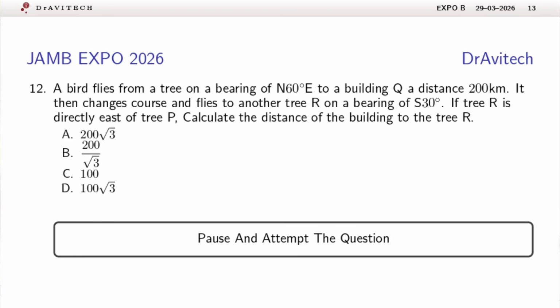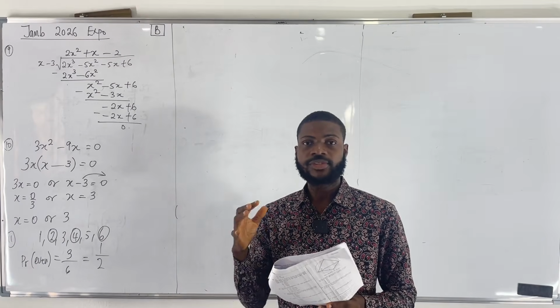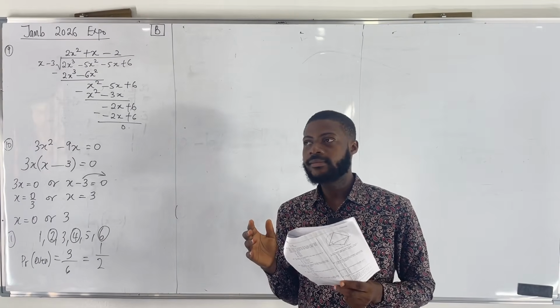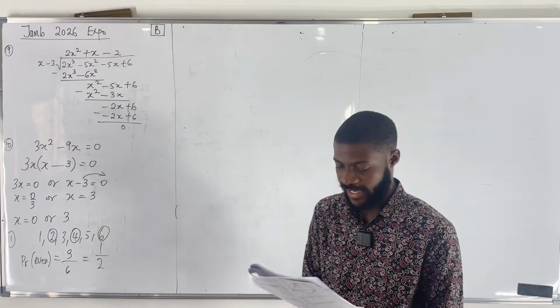It then changes course and flies to another tree, R, on a bearing of south 30 degrees east. If the tree R is directly east of the tree P, calculate the distance of the building Q to the tree R. Now, when it comes to trigonometry, if you can get a good diagram, you'll get your answer.